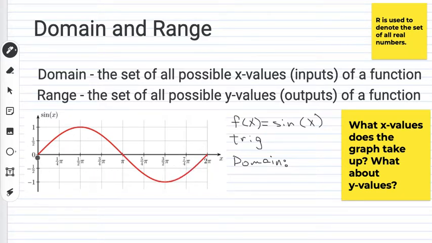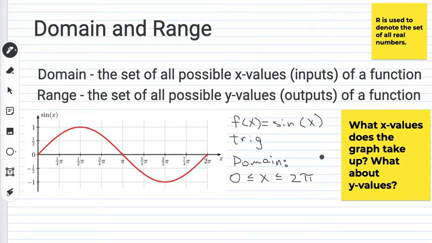Now for the x values, remember that we're looking at the x-axis. The x-axis is going to be this horizontal axis right here, running from 0 all the way to 2 pi. So the function is going to start at 0, and it takes up every single real number between 0 and 2 pi. So the domain is going to be x is greater than or equal to 0 and less than or equal to 2 pi.